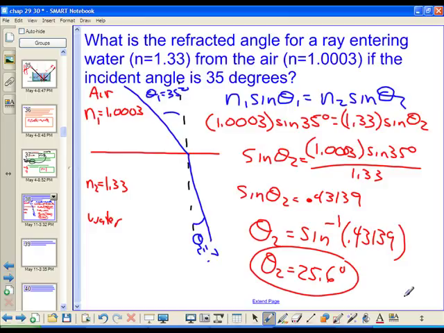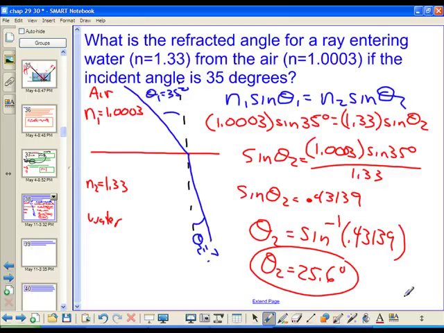Or you may have done the cosine. Every class I've gotten this number, so I assume this is the right number. Again, it depends on your calculator. Usually there's some sort of function key that gets it out of degrees.